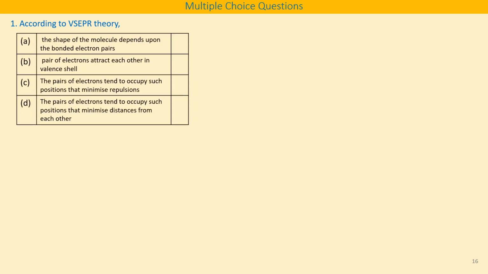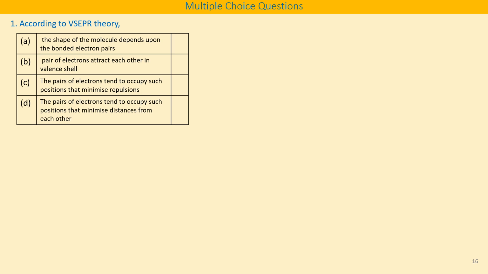Now we will answer some of the MCQs. Question number 1. According to VSEPR theory, 4 options are given. You have to identify the correct answer. Option A, the shape of the molecule depends upon the bonded electron pairs. Option B, pairs of electrons attract each other in valence shell.